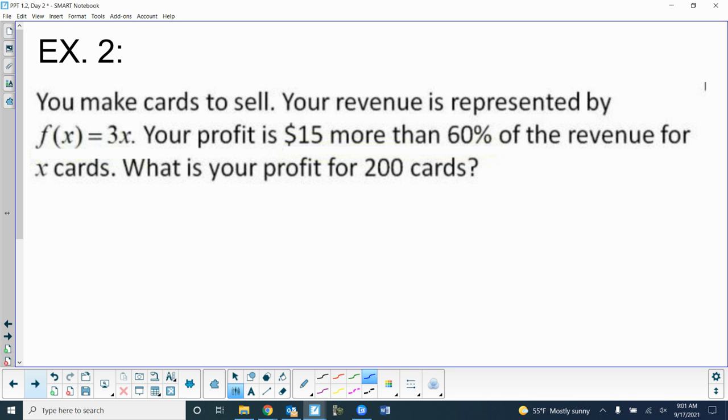Gotta read. $50 less than. What's this one say? There you go.